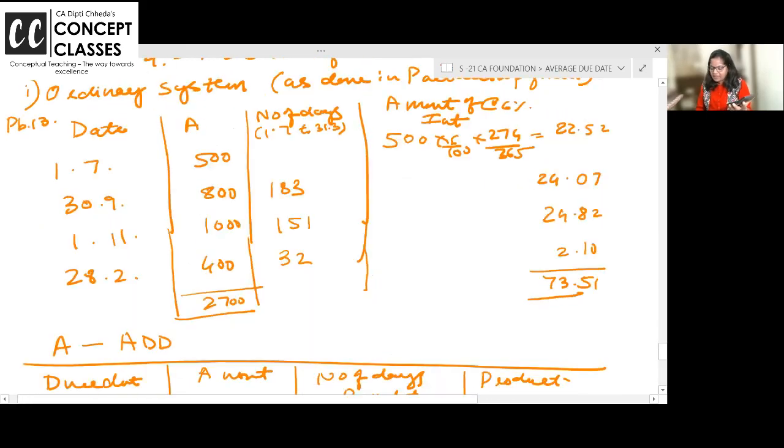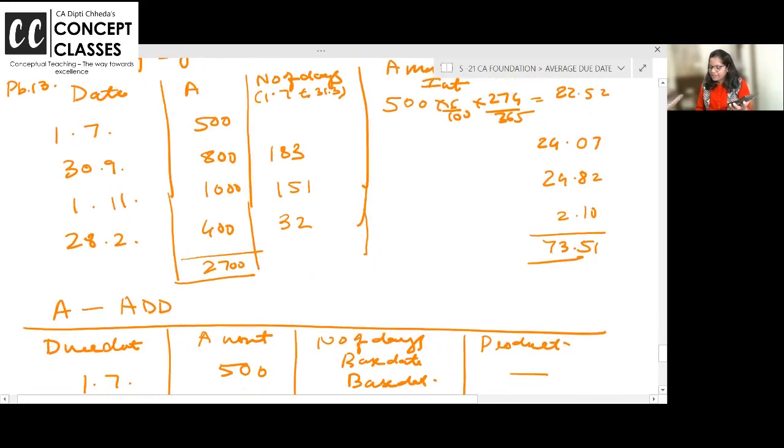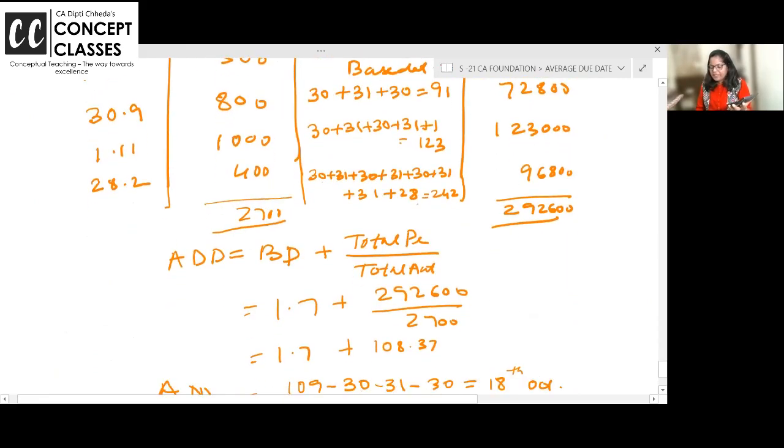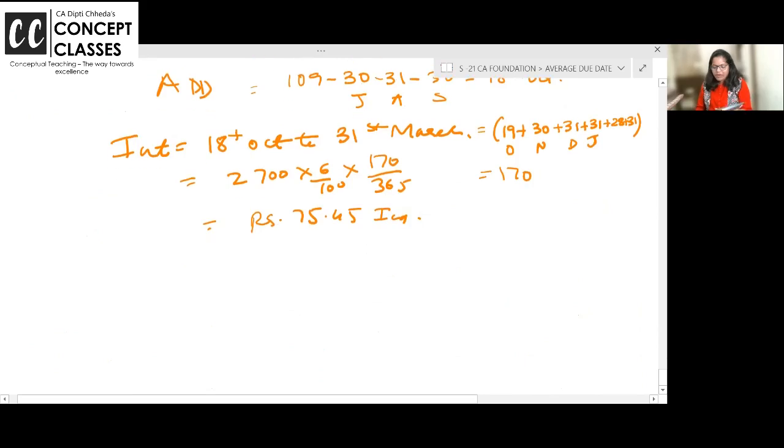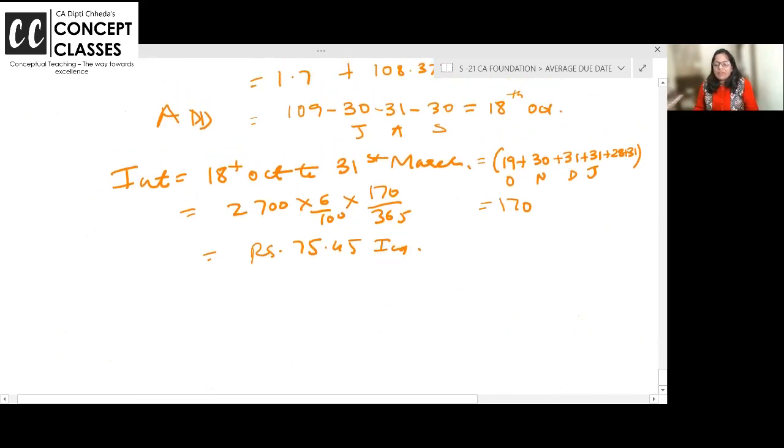75.45. यहाँ कितना आ रहा था ये मेथड से? 73.51. Okay. In days, little 1 or 2 rounding off will come because 1 full day we have rounded off, no? An average due date, 1 full day we have rounded off. (31 minus 18). 1 second.